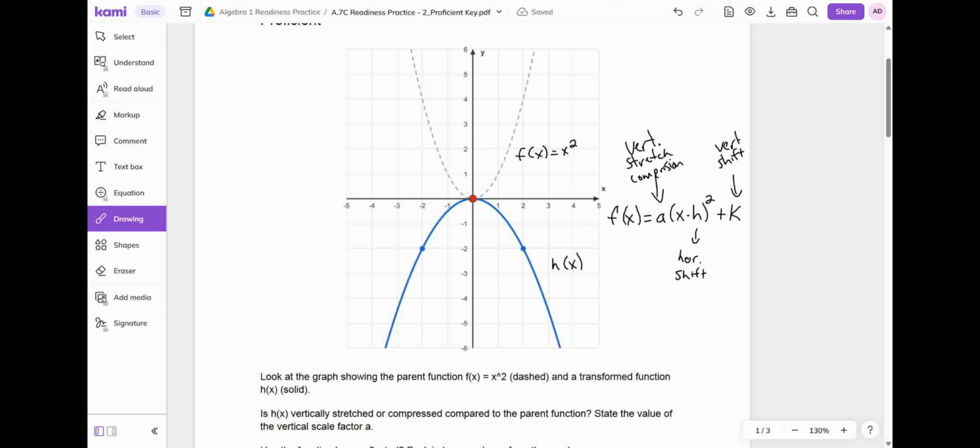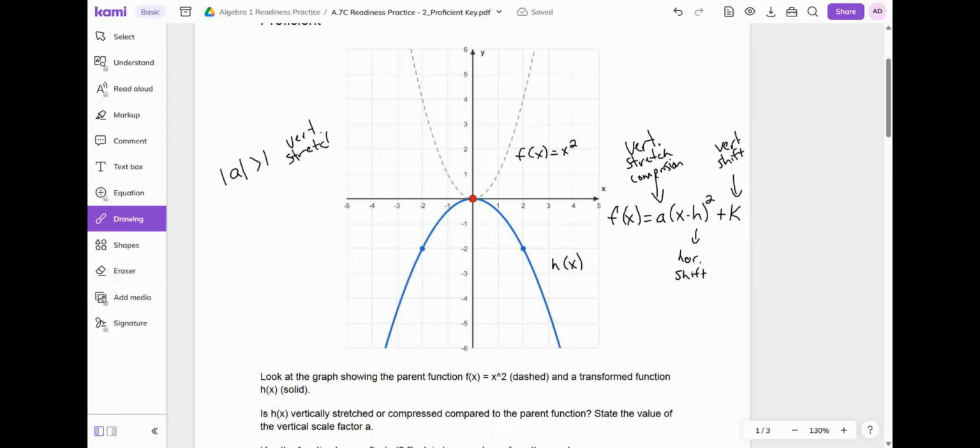All right, so first let's talk about that vertical stretch or compression. Okay, so it looked like it didn't vertically stretch it. If you vertically stretch something, imagine pulling that graph up or down. Because you're going to end up multiplying it by 2, by 5, by 10, by 100. Every time you multiply it by greater than 1, you end up stretching it, and it ends up becoming skinnier and skinnier. So if this a is greater than 1, then it is a vertical stretch.